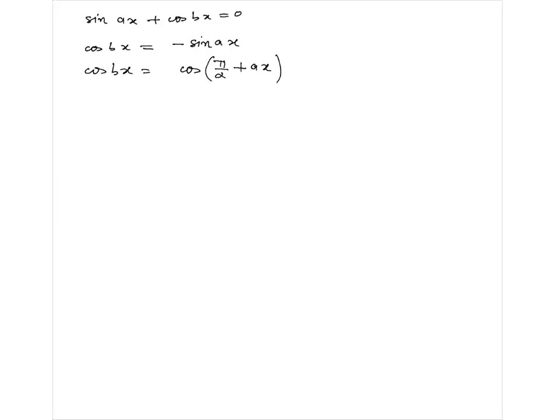Whichever you like to call that alpha. I'm choosing the small one. Small to look at, that is. So 2n pi plus minus alpha. I'm looking for x.